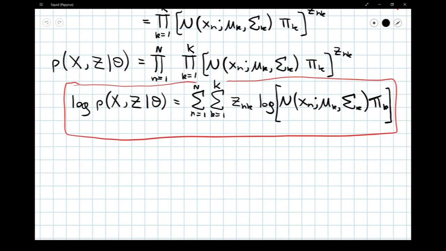So now our final step of the expectation part of the algorithm is to take the expectation.